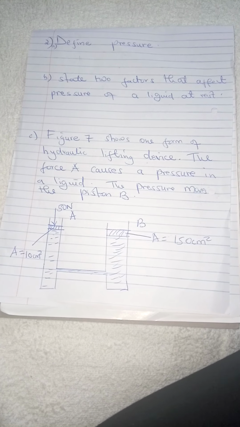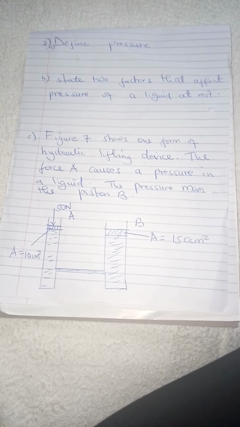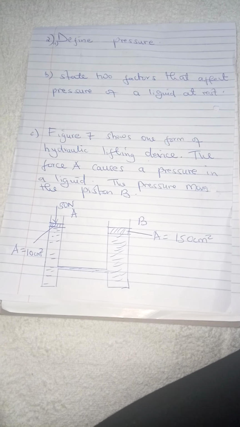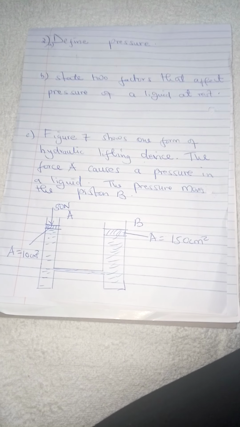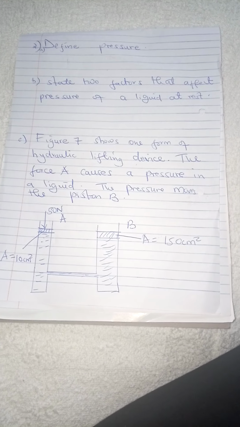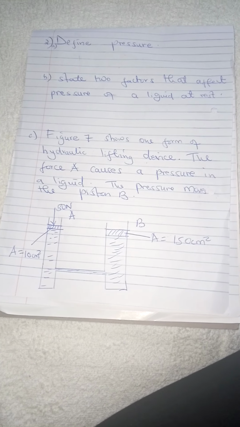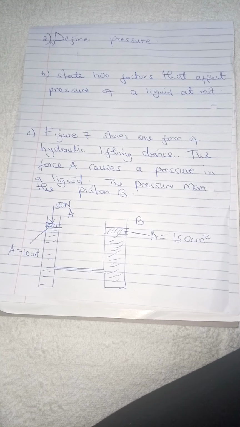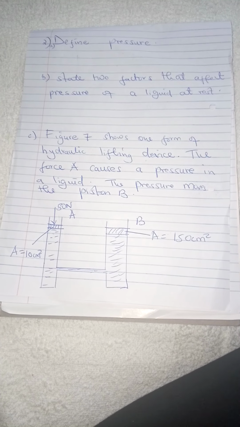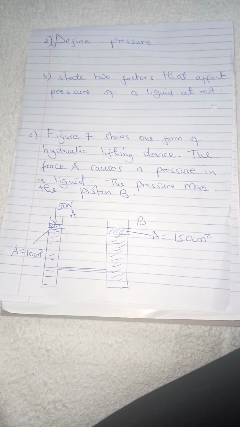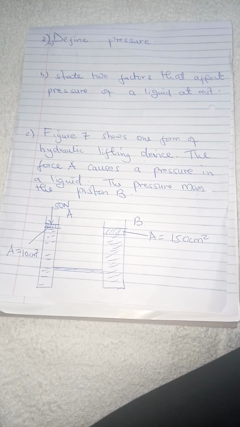The next question, state two factors that affect pressure of a liquid at rest. The pressure of a liquid at rest, we can get the factors that affect it from the formula for calculating the pressure of a liquid, which is given by h rho g, where h is the height, rho is the density, g is the gravity.